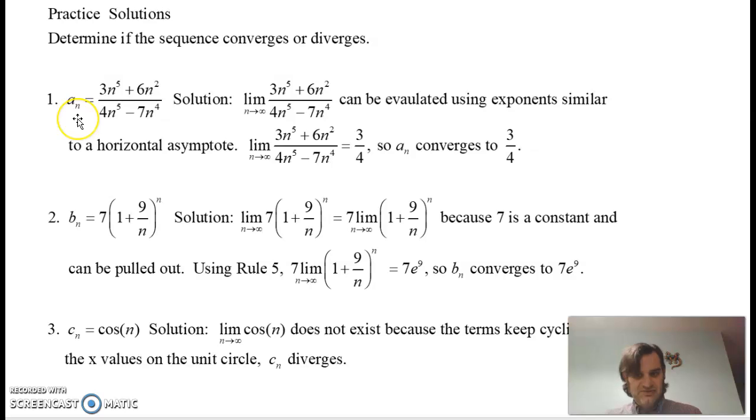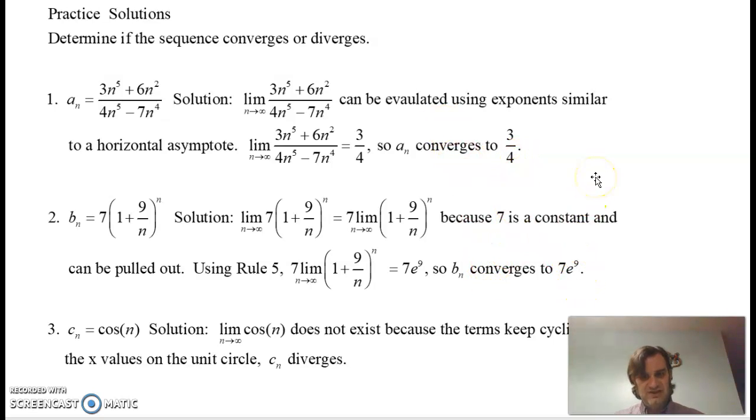As I said, for the first one, you can use the rational function horizontal asymptote rule, which, since your top exponent is 5 and your bottom exponent is 5, gives you the coefficient, which is 3/4. The second one uses rule number 5 from that list that I gave you, 7e^n. So these first two converge because they go to these values.